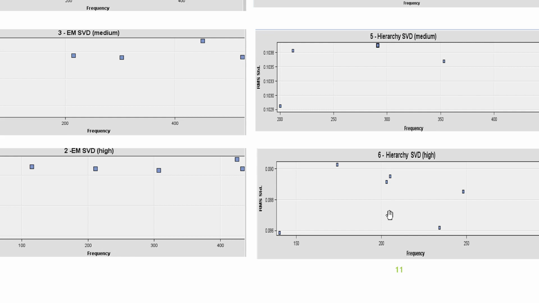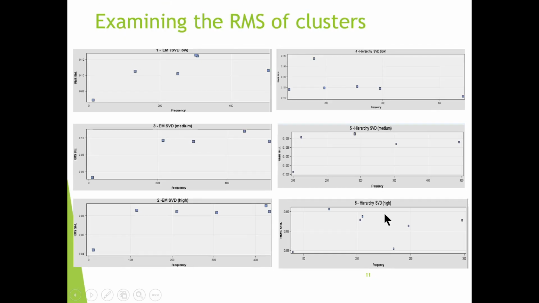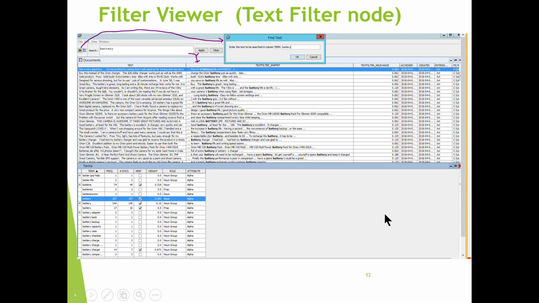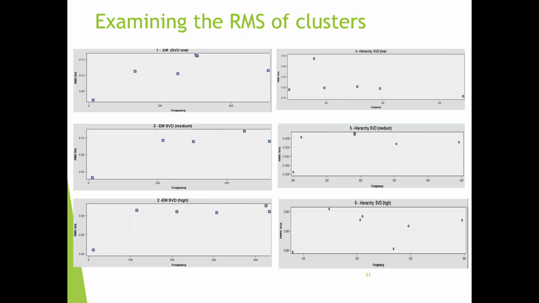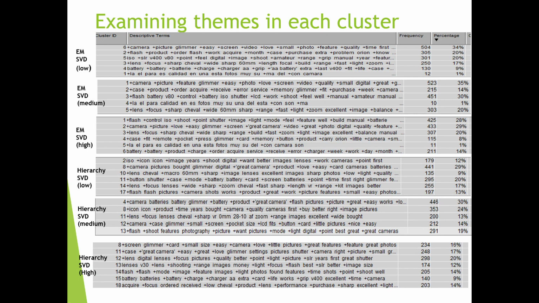The next thing is, we want to examine the selected cluster, which is cluster 6, further. If we go back to the descriptive terms of 6, which is this one, you can see that these are the keywords.